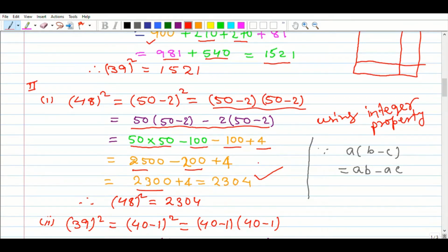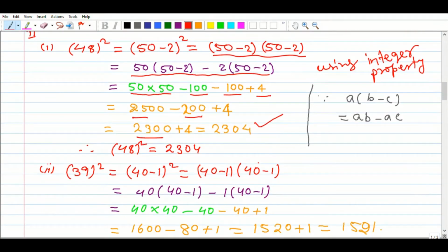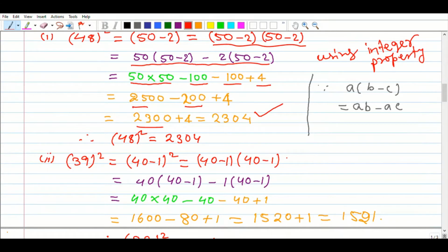Very good. Again we can do 39. Take as 40. 40 minus 1 is now 39, and its power 2, and it's 2 times, right. We will write 2 times.